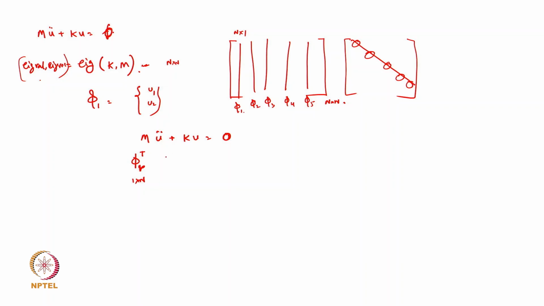M is n cross n, and u double dot is also n cross 1, plus again phi r transpose K u, n cross 1. So this will become a single number, 1 cross 1. This 0 is like 1 cross 1.